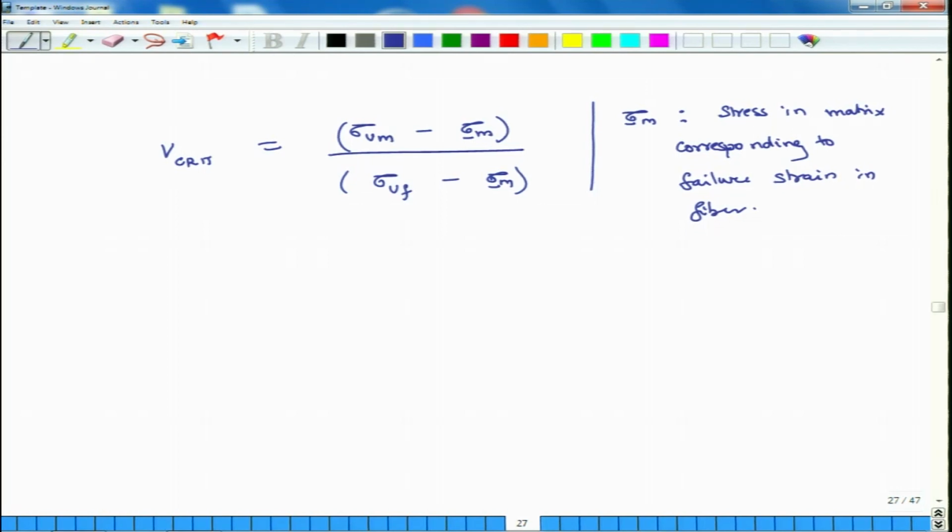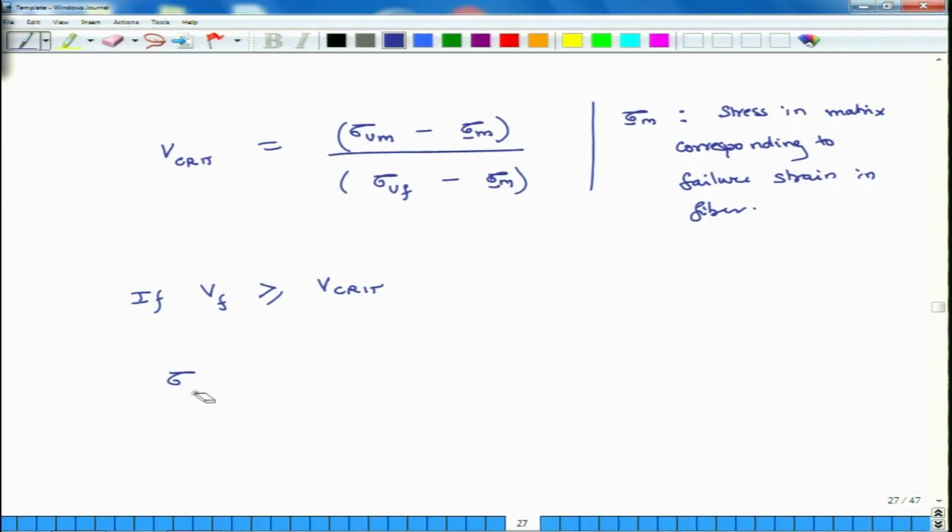And if Vf is equal to or greater than V crit, then the tensile strength of the composite material, sigma UL. Now, what did we say?